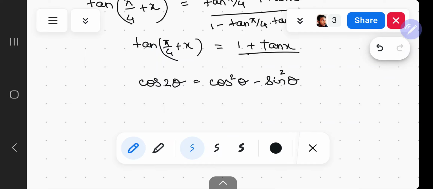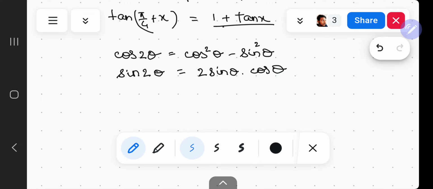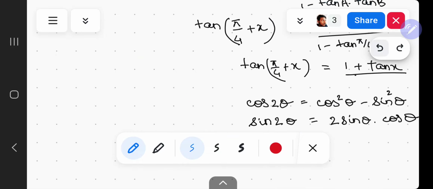Okay, Shruti, you can also note down these formulas. It will help you later on. And sin 2 theta is equal to 2 sin theta multiplied by cos theta. So you can see that the angles are being halved here. It's theta, then it's 2 theta, then it's theta. So the angles are being halved here.